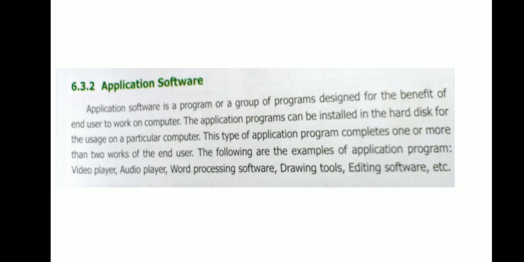Application programs can be installed in the hard disk for usage on a particular computer. This type of application program completes one or more works for the end user. The following are examples of application programs: video player, audio player, word processing software, drawing tools, games, etc.